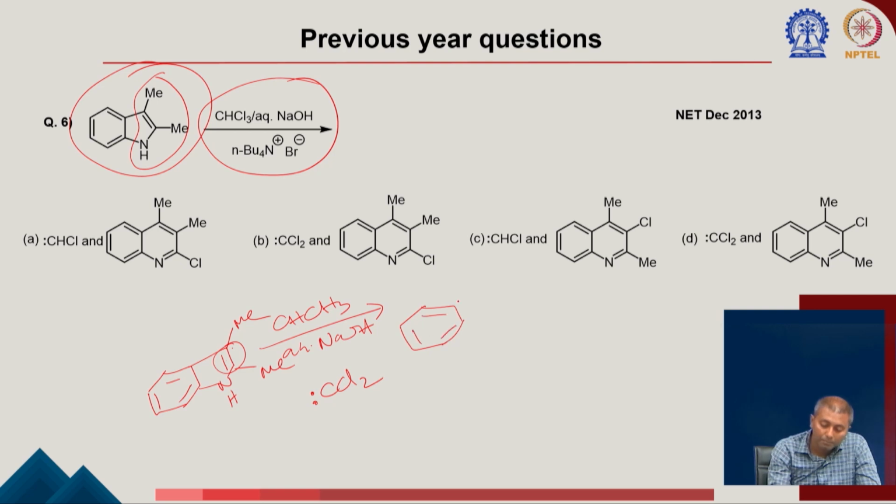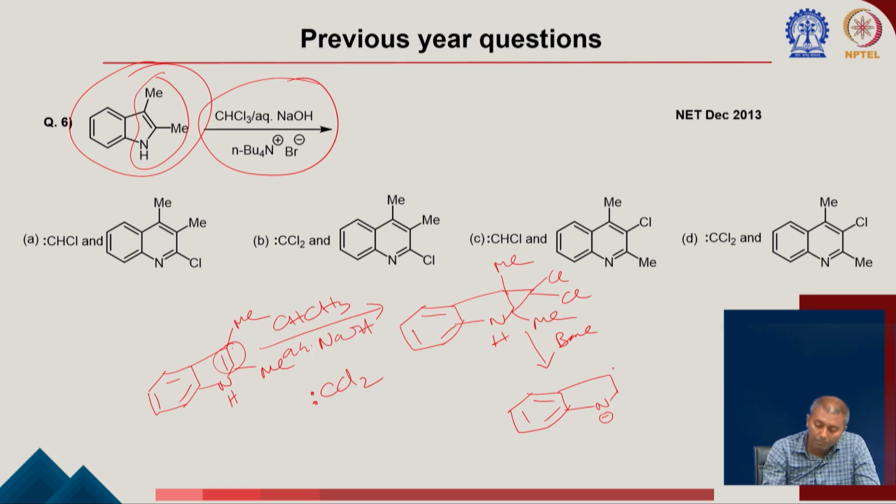So, that can end up forming this, with 2 methyl groups here, and you have a base in the medium that can allow you, so it can happen like this, or it can happen that Cl minus can come back and take the proton.